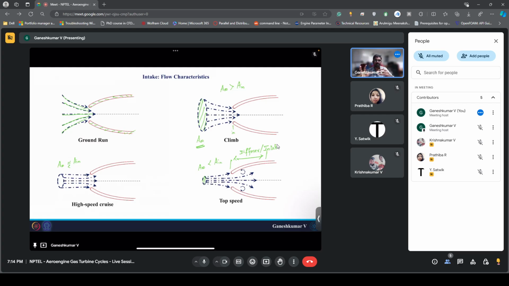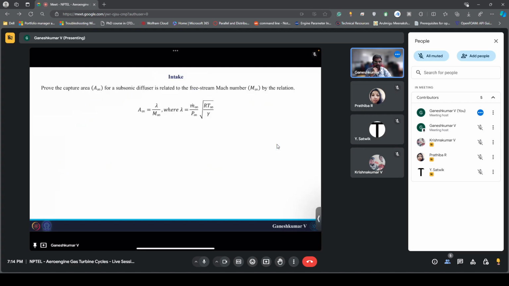The air present within this area is getting into the gas turbine engine. So how is this related to Mach number? What is the relation between this capture area and the Mach number? We saw that these capture areas keep on decreasing. So what is the relation?